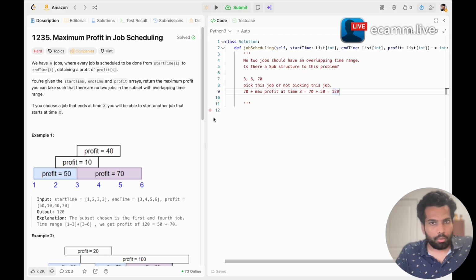Just on a high level, this would be the solution for this problem. So this is for picking the job. If we pick the job, we have the value as 120. What if we don't pick the job?